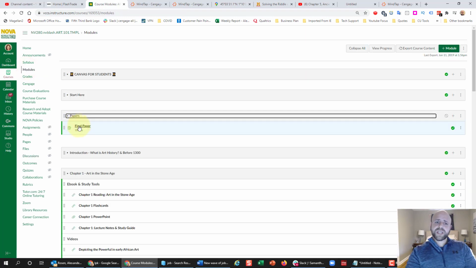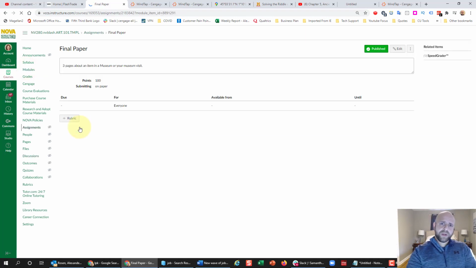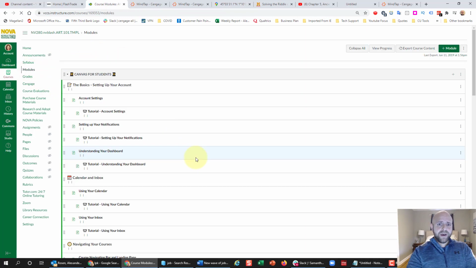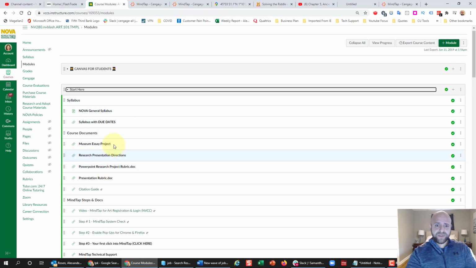For a larger assessment, you have that final paper in this case. And this is 3 pages about an item in a museum or museum visit that the students had. Specific directions for this, of course, being within a module called Start Here at the top, the museum essay project.